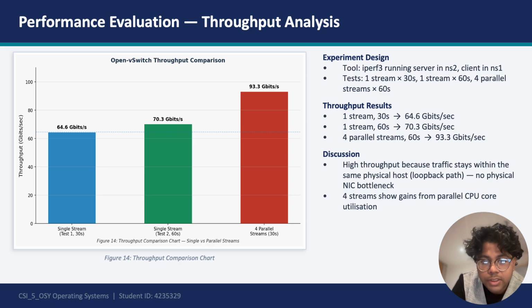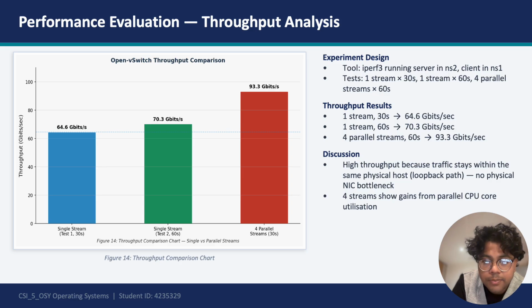I ran three different experiments: a single stream for 30 seconds, a single stream for 60 seconds to check for consistency, and four parallel streams for 60 seconds to assess multi-core utilization. The results were impressive.